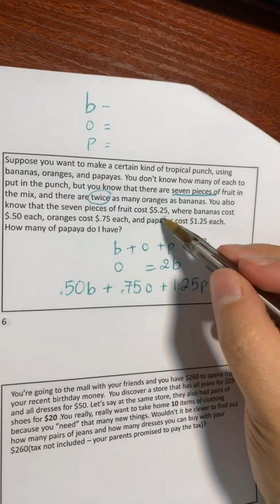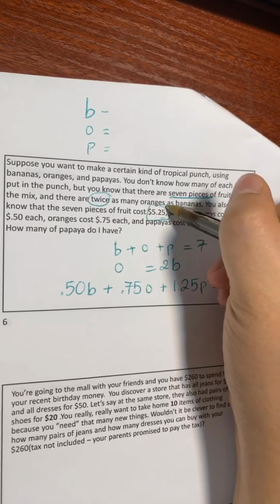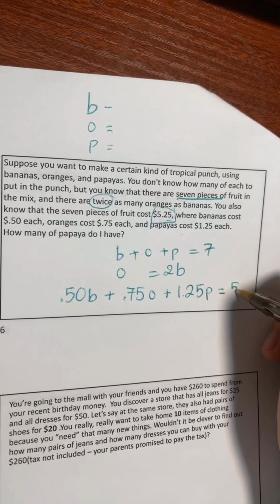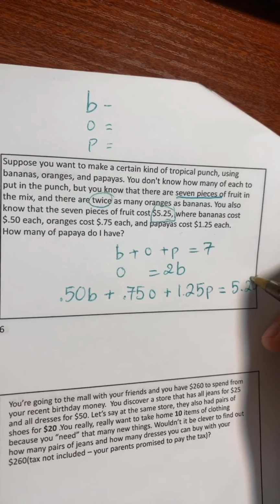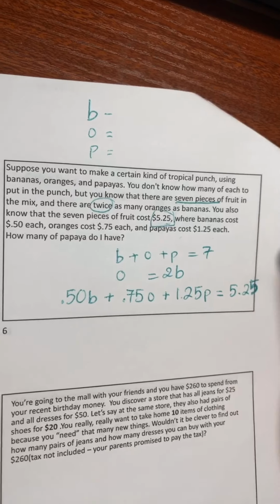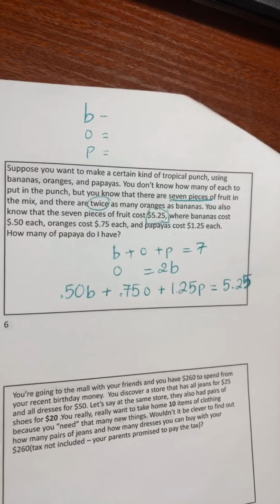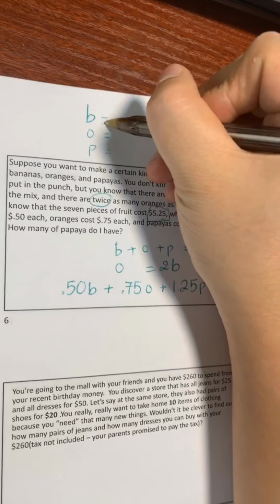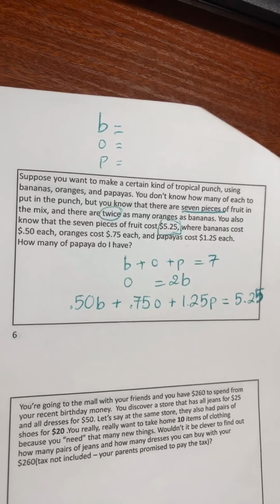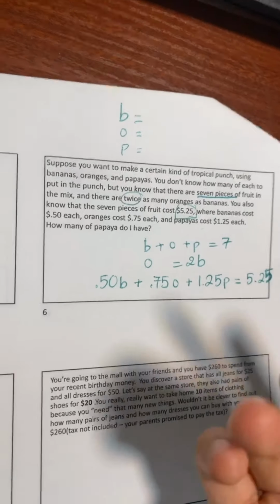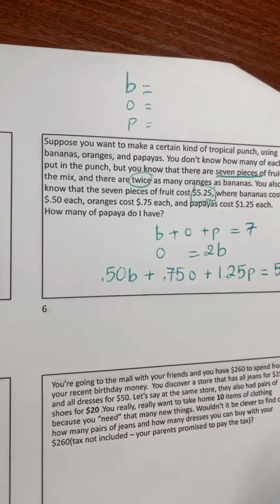All right, and total we have the total cost is $5.25. So we equal that to $5.25. Okay, so there we have it. 3 variables, 3 equations to solve. And again, using the calculator, we can quickly determine each of them, the cost of each, and how many of each you need. All right.